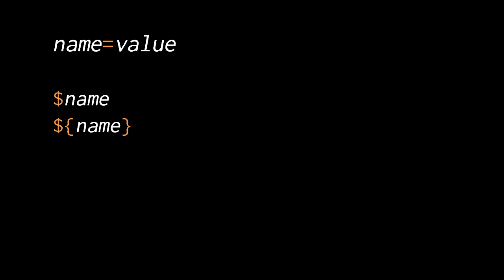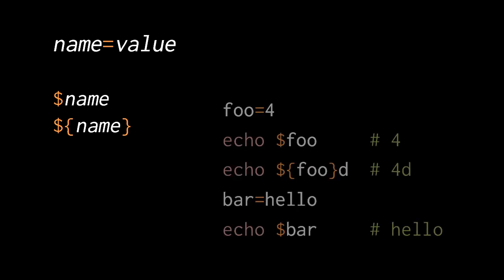To actually use the value of a variable in the arguments to a command, we use the $ sign and then follow that with the name of the variable. Depending upon the context, you sometimes will need to enclose the name in curly braces to distinguish the name of the variable you're expanding from the text that surrounds it. Here, for example, we're assigning the value 4 to a variable named foo, and though it's a number 4, the value being assigned is actually a string consisting of the character 4.